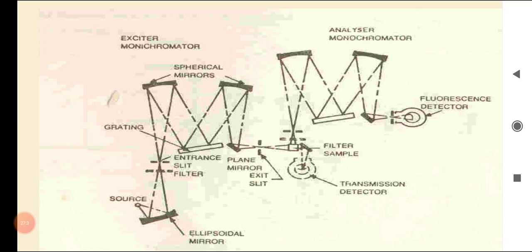The spherical mirrors collect this radiation and pass it onto the plane mirror, onto the detector through the exit slit. The fluorescence detector detects this fluorescence, that is the concentration of the sample, and that fluorescence current is directly calibrated in terms of the concentration of the solution.